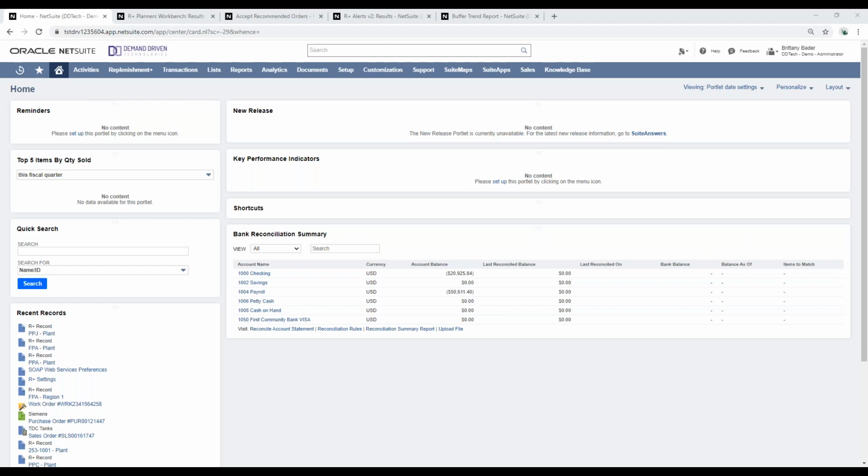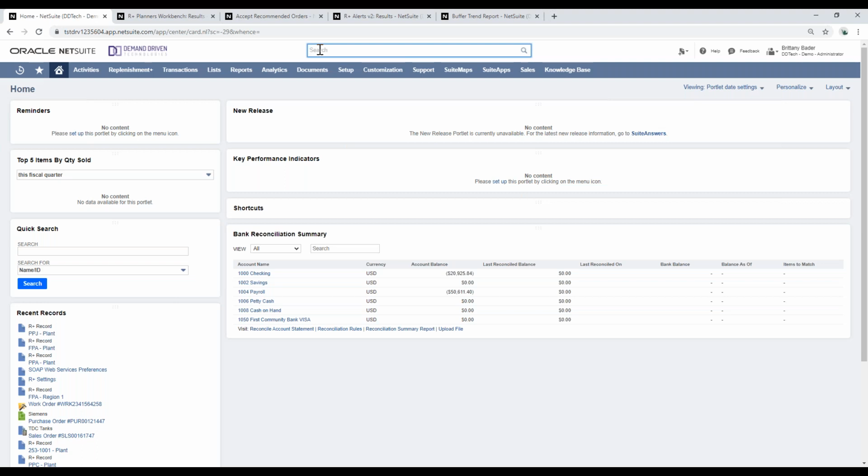Okay, so we are completely native to NetSuite. And what you can see here is I've logged into NetSuite like I would any other day as a planner, but Replenishment Plus is just another tab at the top. So it's very easy for an implementation. We're not having to build a separate integration between two systems. Because we are completely native to NetSuite, we're able to utilize this global search functionality.